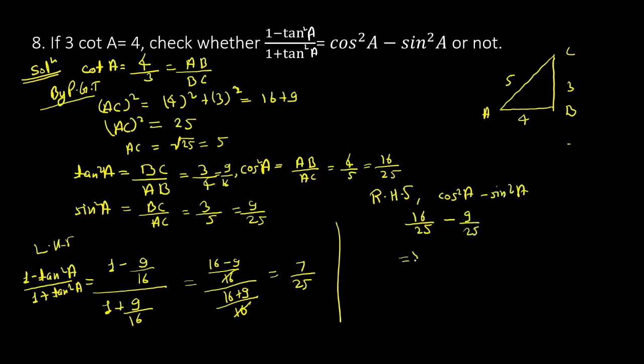On subtracting, 16 minus 9 equals 7 by 25. So as you can see, 7 upon 25 and 7 upon 25. So LHS equals RHS. Proved. Proved what? Proved both are equal.